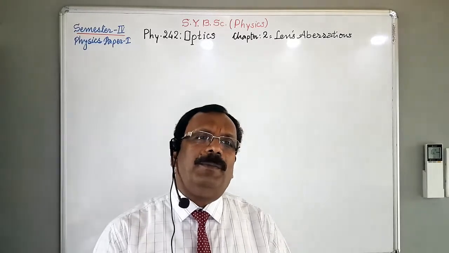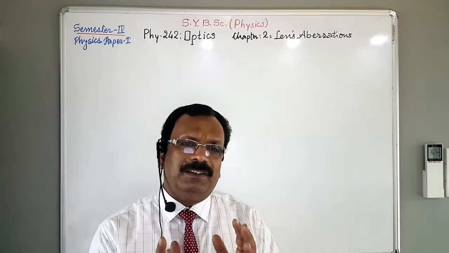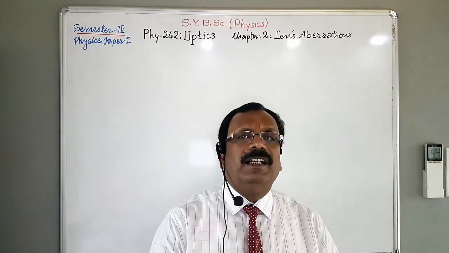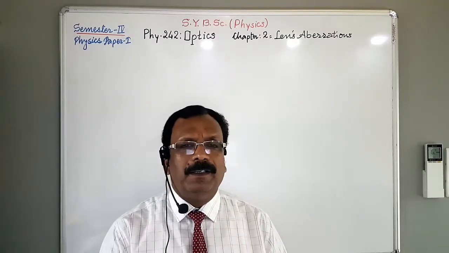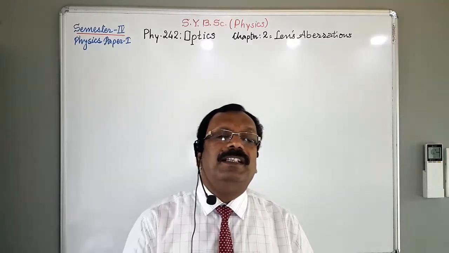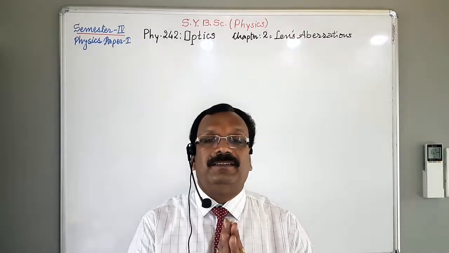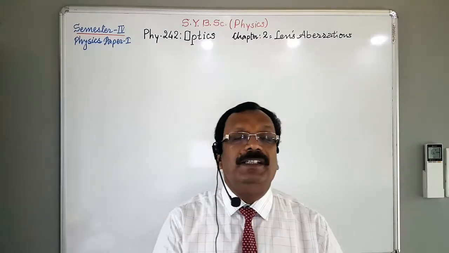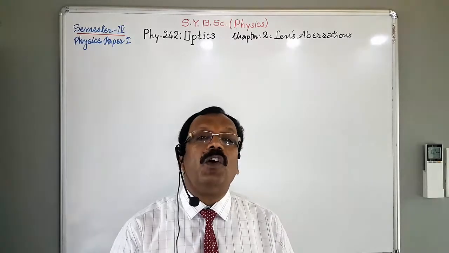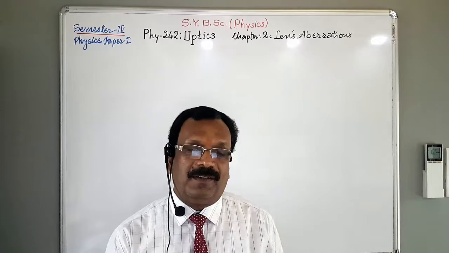Coma or chromatic aberration and spherical aberration, if we study in detail, then it is observed that there is a little difference between them. In what sense? Listen to me. Chromatic aberration is similar to spherical aberration in the sense that both these aberrations arise due to the failure of the lens to focus all the rays from a point object to a single point.